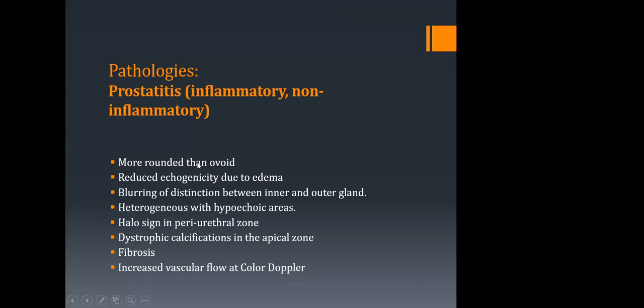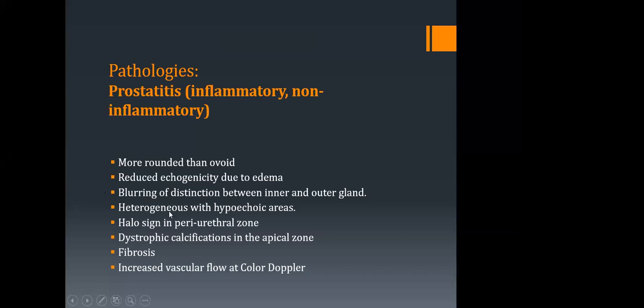So in prostatitis, what are we looking for? We are going to lose the ovoid or the onion shape of the prostate. So you have a more rounded prostate. Then you have reduced echogenicity because of edema. And then it is difficult to discern the zones because of blurring.